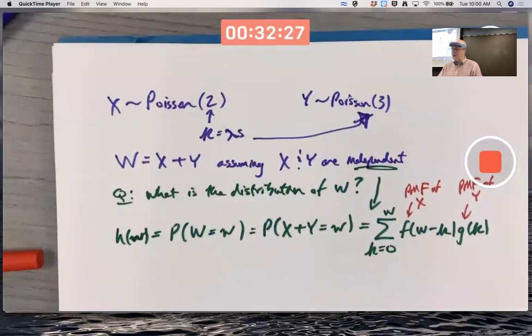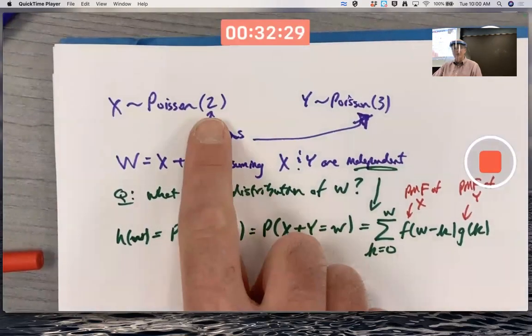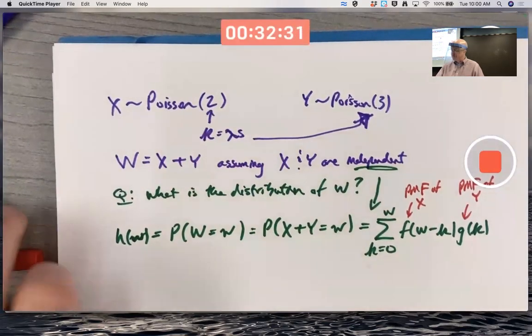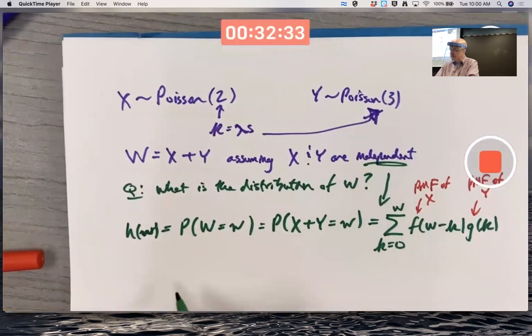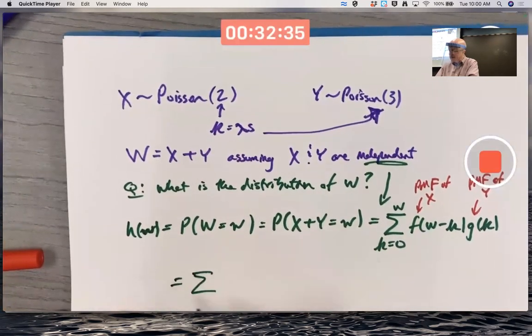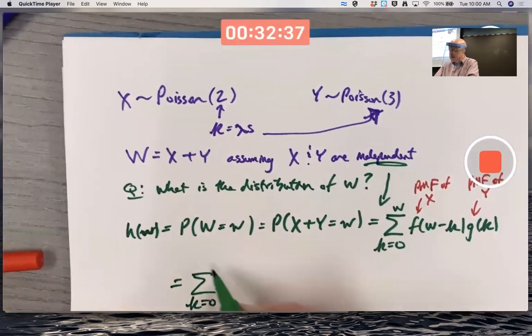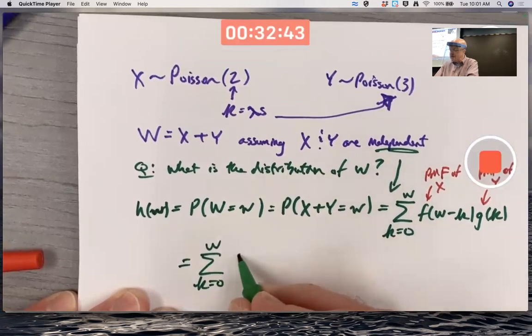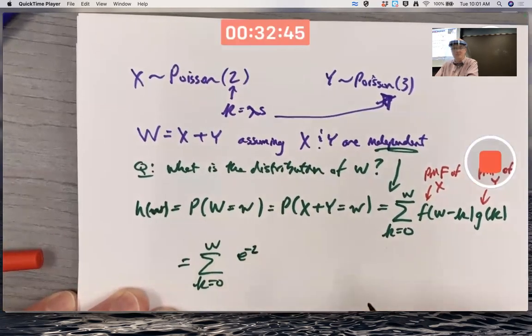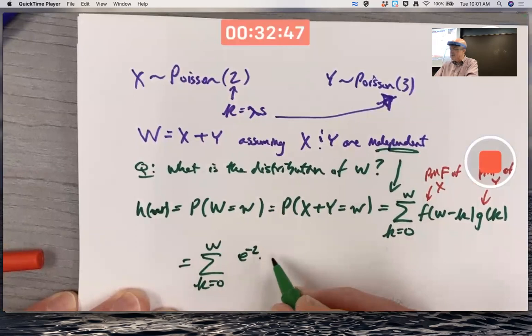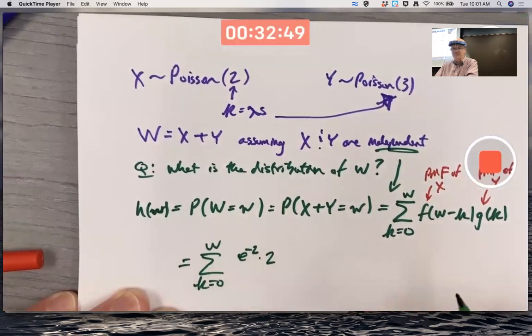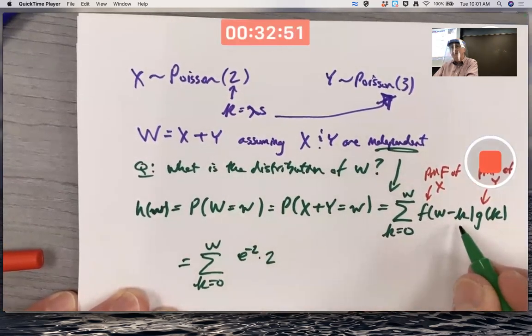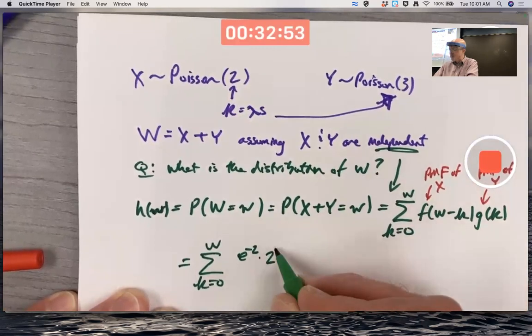So here with X, k is equal to 2, and with Y, k is 3. For X, k equals 2, so the value of little f is e to the negative 2 times 2 to the x, but I'm plugging w minus k in for x. So it's really 2 to the w minus k.